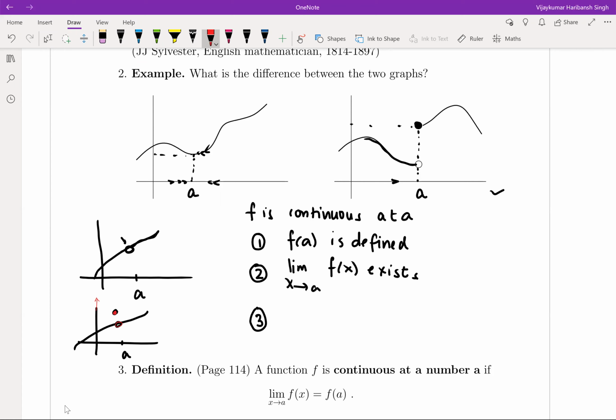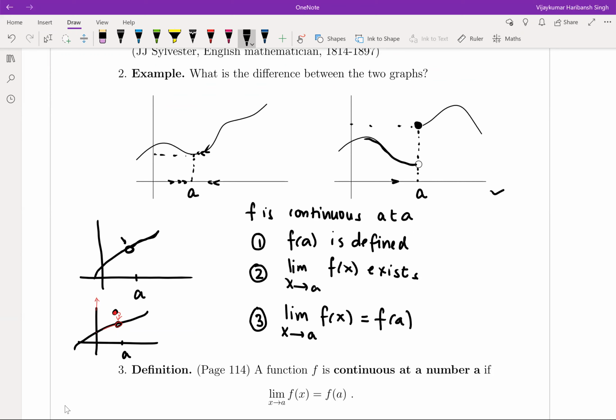In this case, again, the function is not continuous, because when you draw across A, you go like that, but then you have to lift your pen, go up, and then come down again. However, this problem would have been fixed if f of A had been equal to this value, right? So this limit as x goes to A, f of x should be equal to f of A.